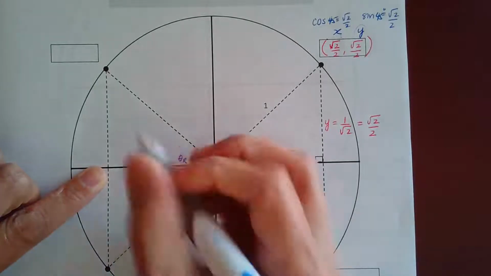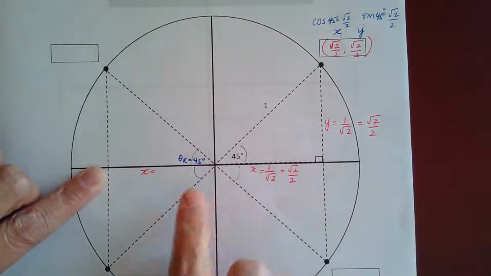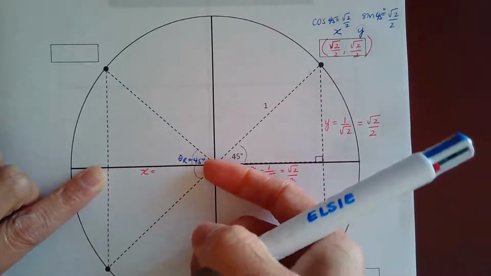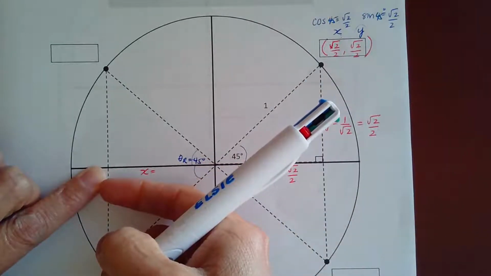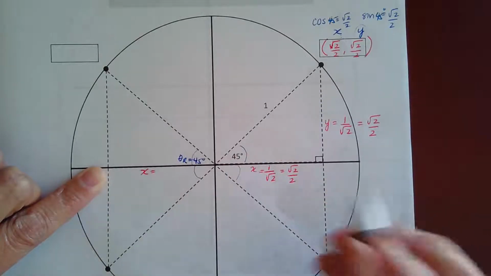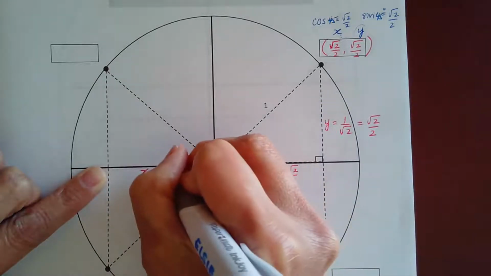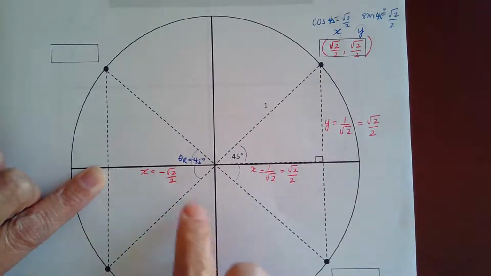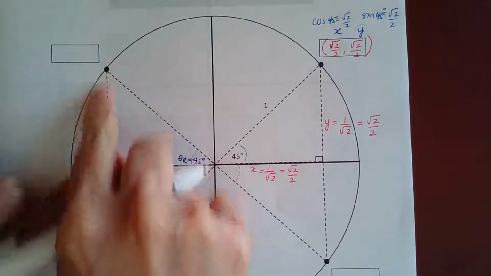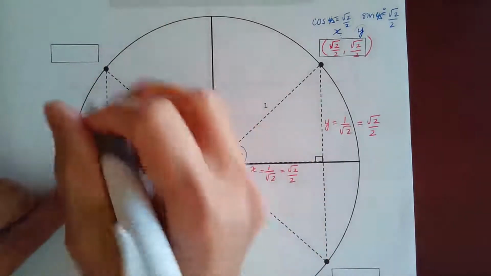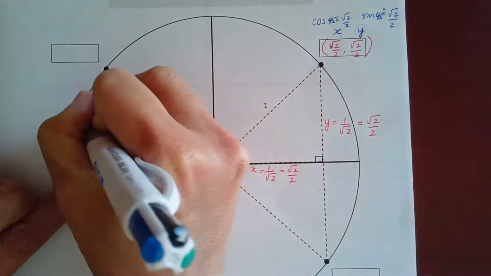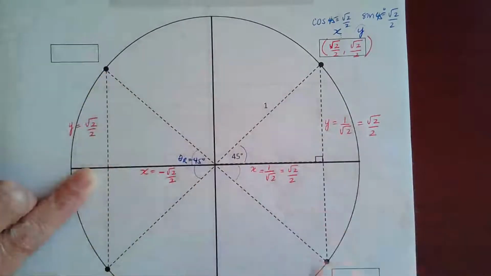The x here is going to be on the left side, so we indicate that it's to the left by saying it's negative root 2 over 2. And then the y is still a positive y value. It's going to be y equals positive root 2 over 2.